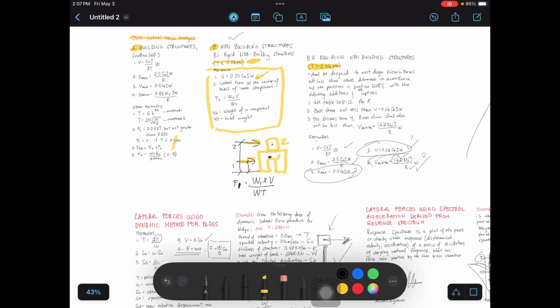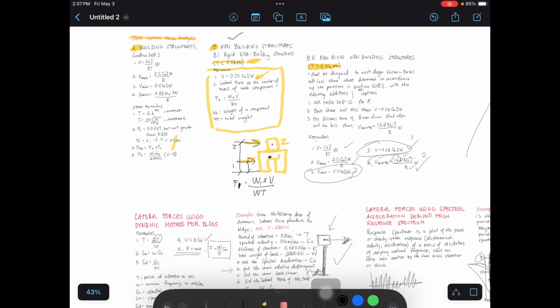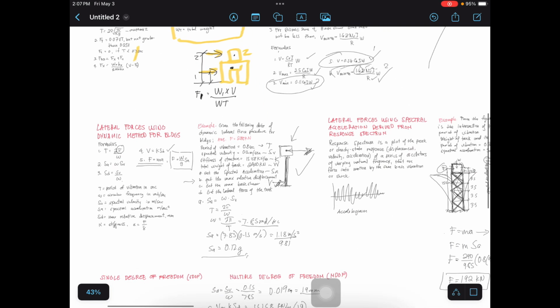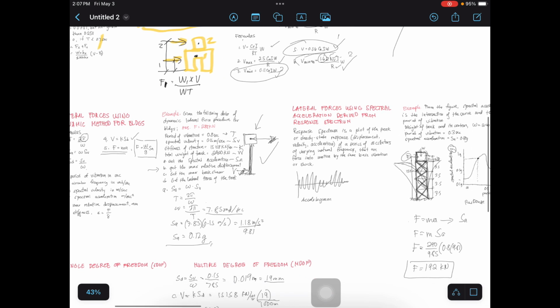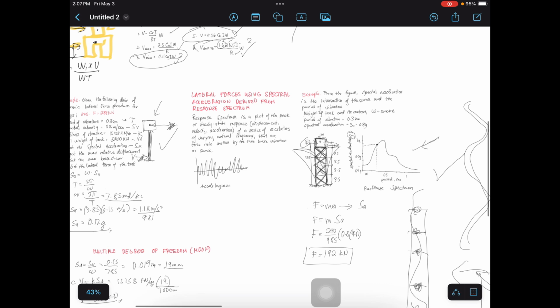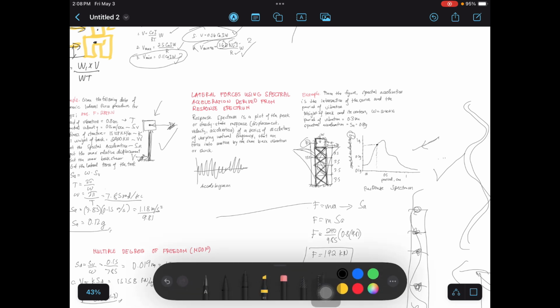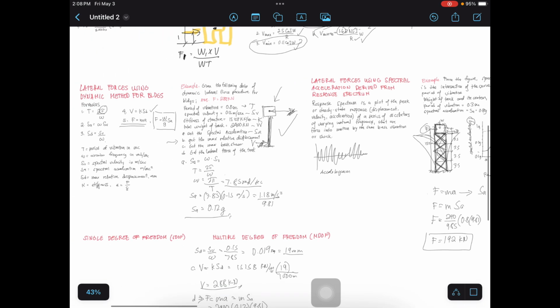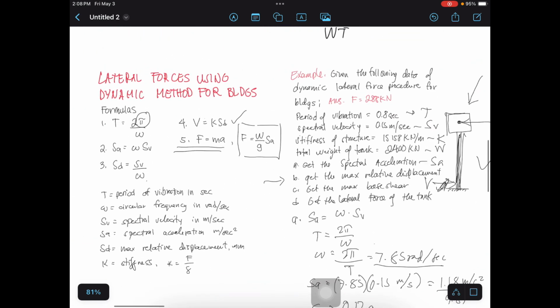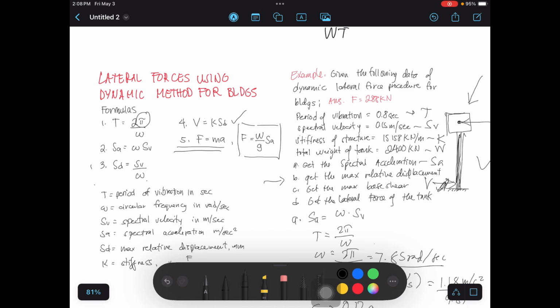Siyempre, yung non-buildings divided into rigid and non-rigid. And then, ito pang dynamic analysis, divided tayo sa using ng response spectrum na graph, and then yung dynamic analysis using yung formulas for dynamic method. Itong formulas dito.